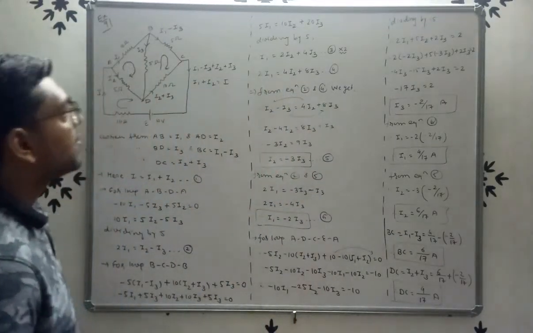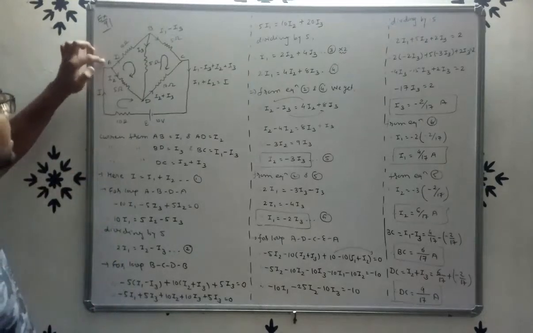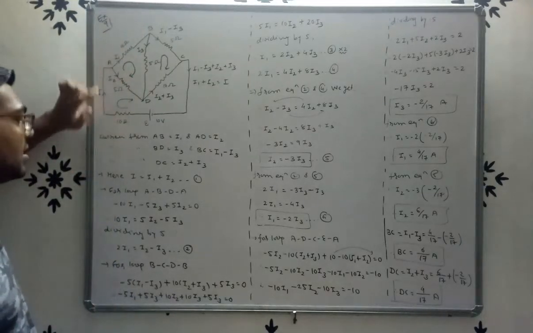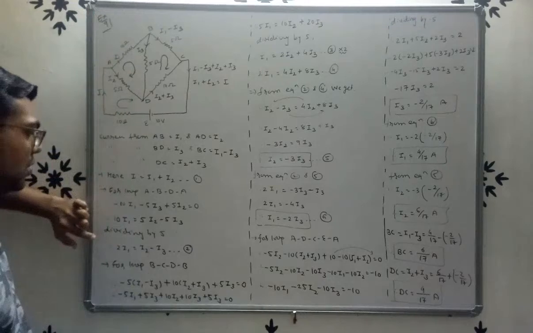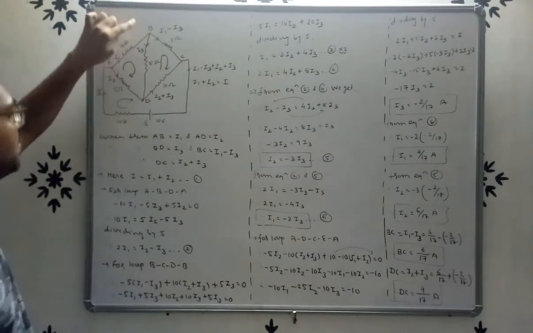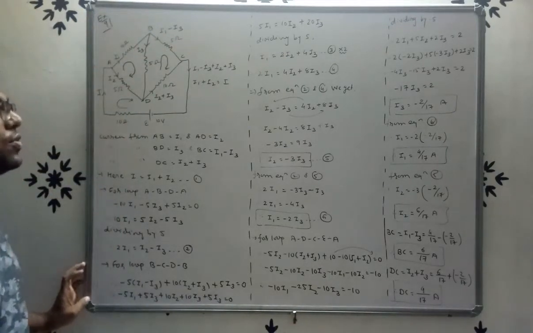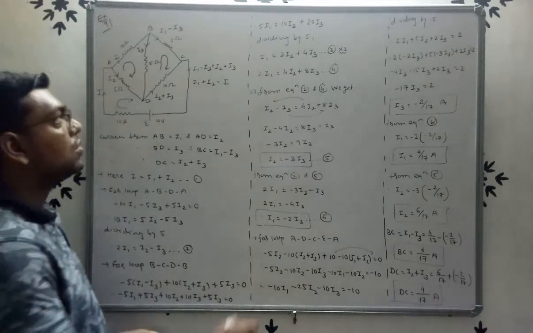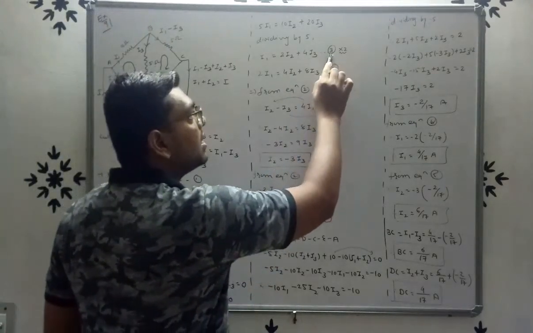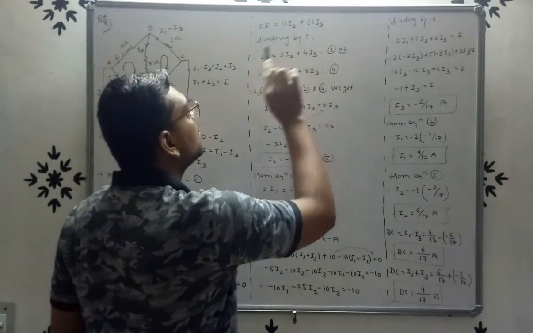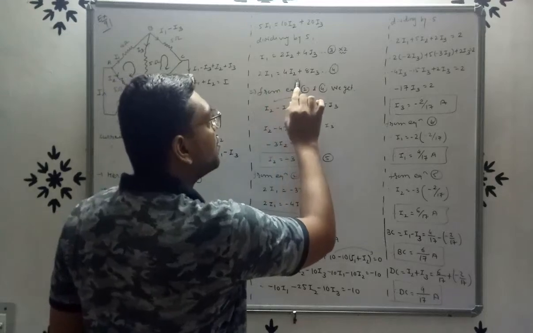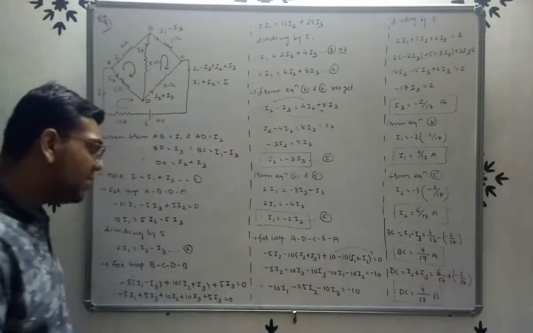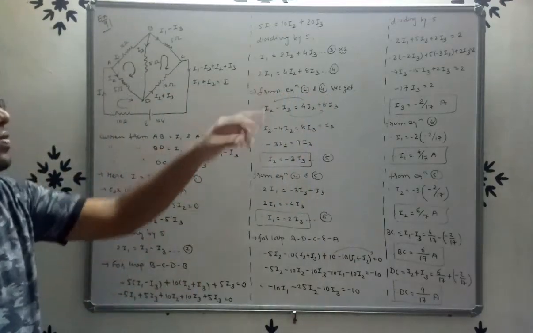So first of all A B D A loop par Kirchhoff apply karyo, then B C D B par Kirchhoff apply karyo, pachi equation number 3 ne 2 sathe multiply karyu. So what we get? 2I1 is equals to 4I2 plus 8I3. Then we compare equation 2 and 4.